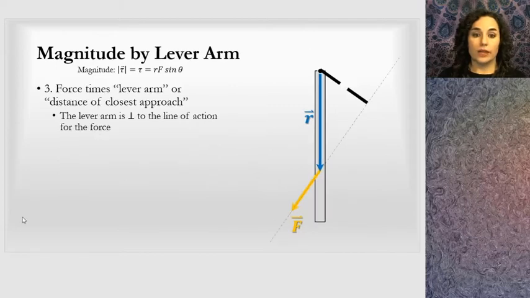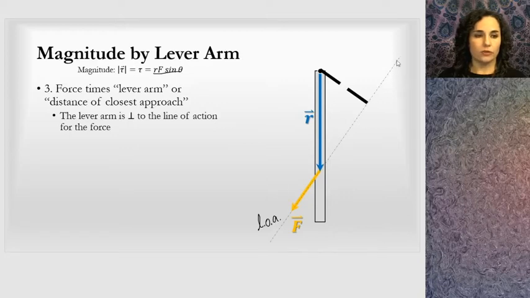The last way to calculate torque is by lever arm. Again, you won't necessarily get the same equation as the definition, but sometimes it's easier to see a lever arm in a picture. And here's the trick to finding the lever arm: when there's just your radius and the force on your diagram, draw a really, really long line through what we call the line of action, and I always call it LOA for line of action.